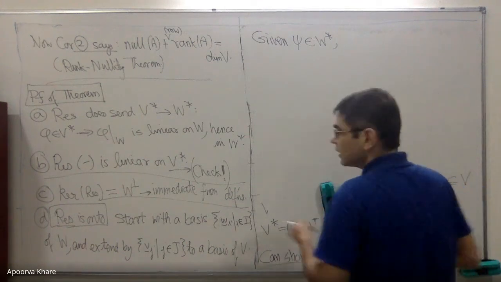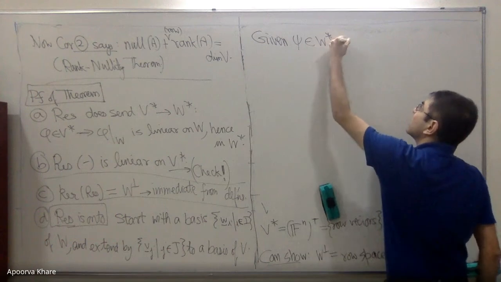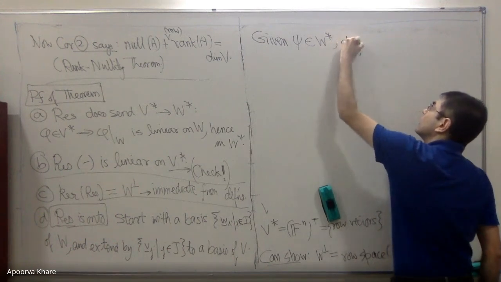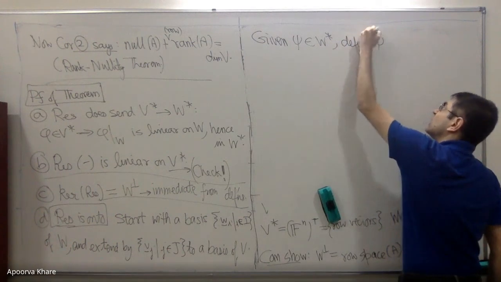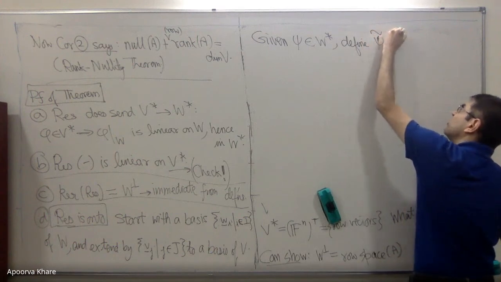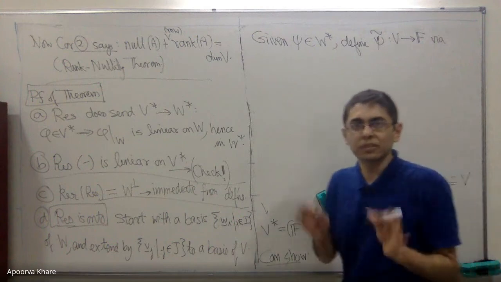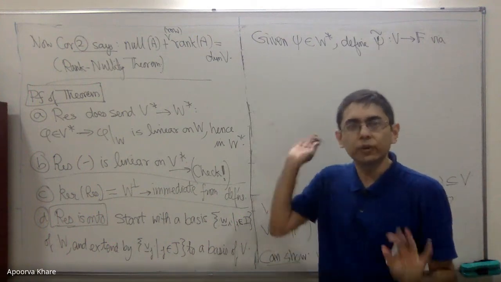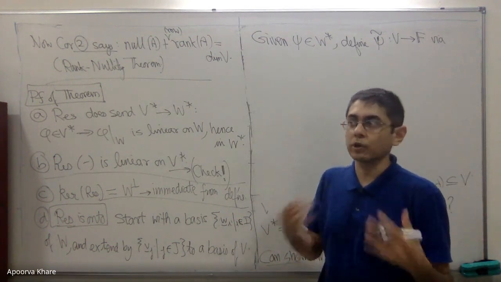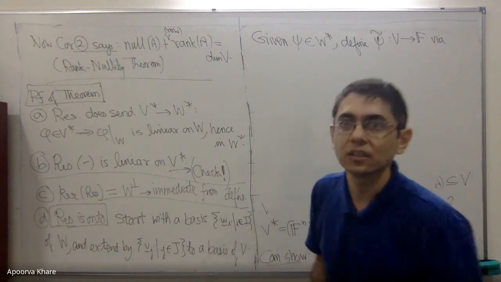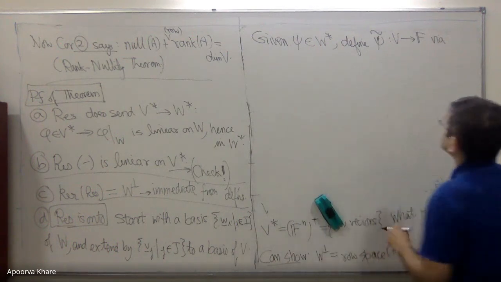Okay, given psi in W star, define psi tilde from V to F via the following. So I'm defining it and then I will prove it's linear, therefore it's in V star. I'm not already saying it's in V star, of course. So okay, define these things.